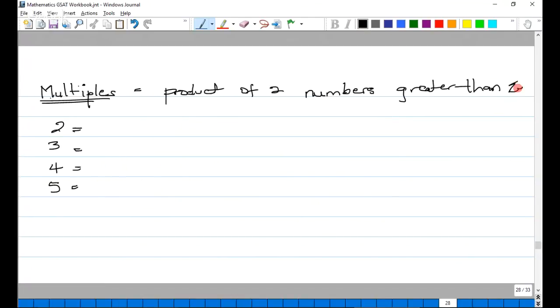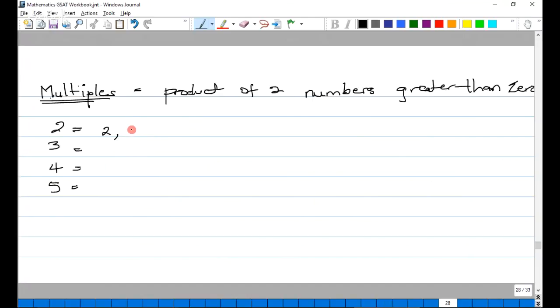So we said it's greater than 0. Okay, so what are the multiples of 2 now? You tell me what the multiples of 2 are. First, at least the first 5. 2 ones, 2. 2, 10. No, son. No.